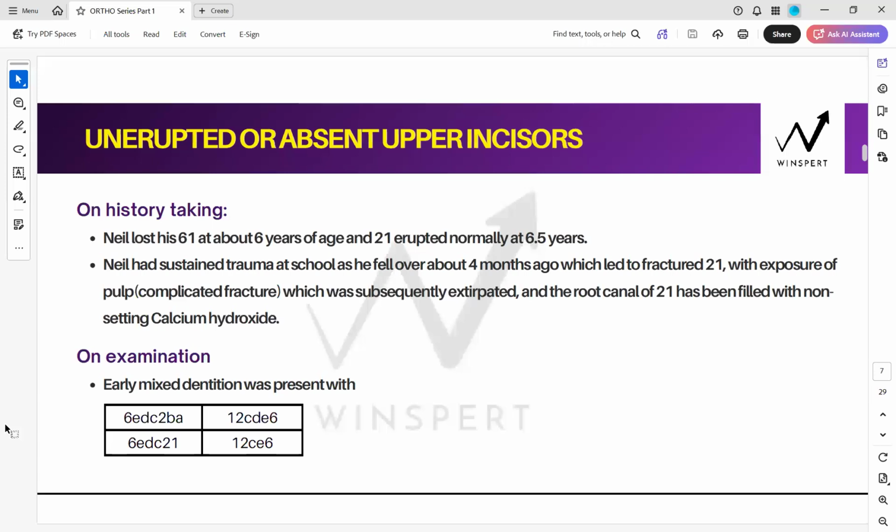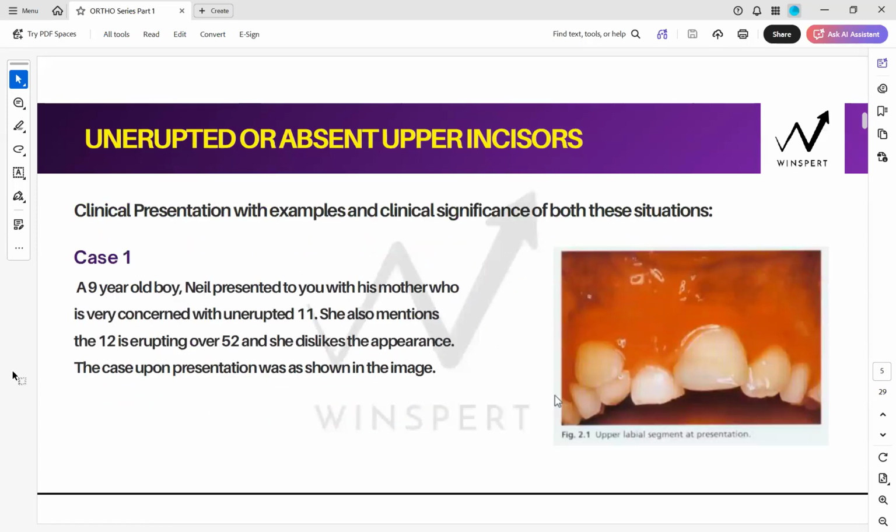Neil had sustained trauma at school as he fell over about 4 months ago, which led to a fractured 2-1 with exposure of the pulp. It was a complicated fracture which was subsequently extirpated, and root canal treatment of 2-1 had been done as well, right? So this tooth was built up.